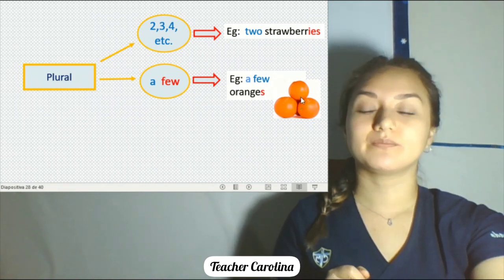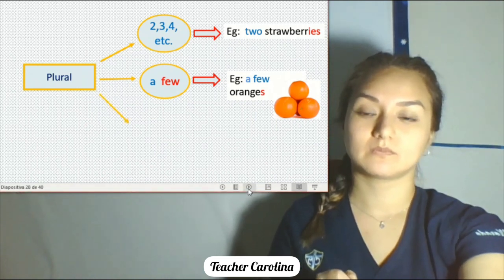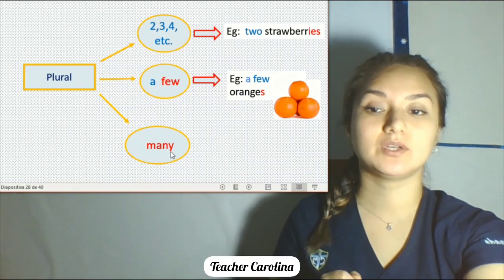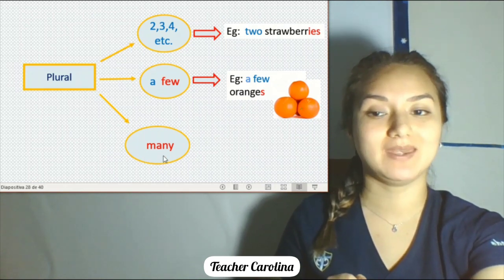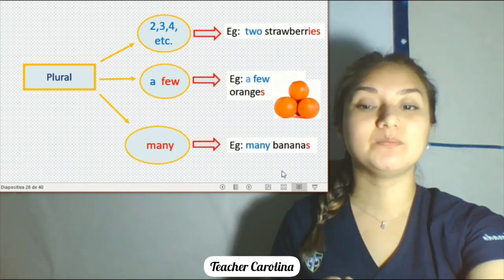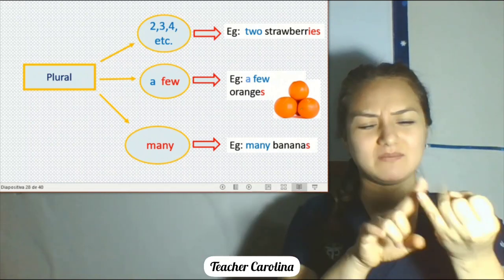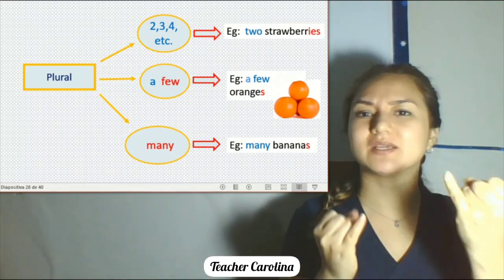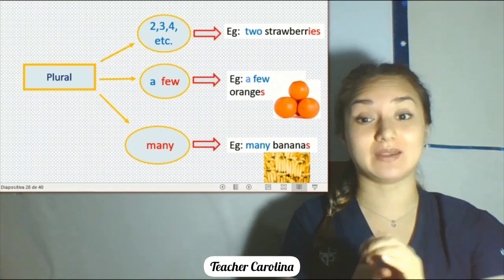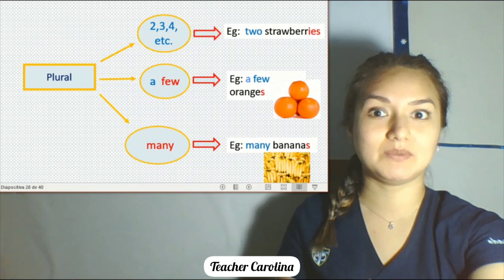Now in here, the other expression, many. That is the other expression, many. And in here, example, many bananas. Take a look at the picture in order to understand. Many bananas in here, many bananas, right?